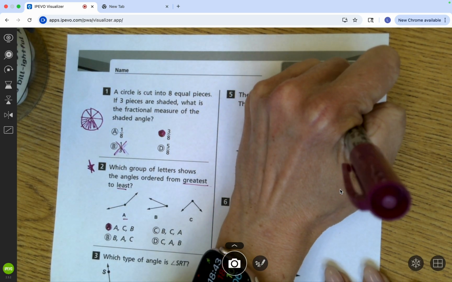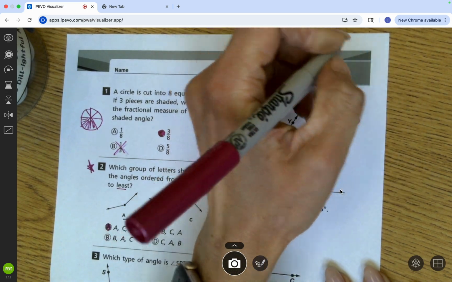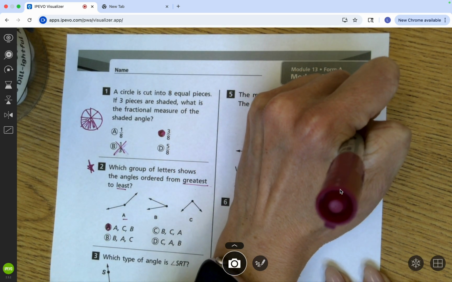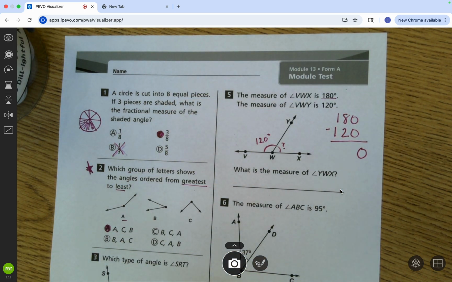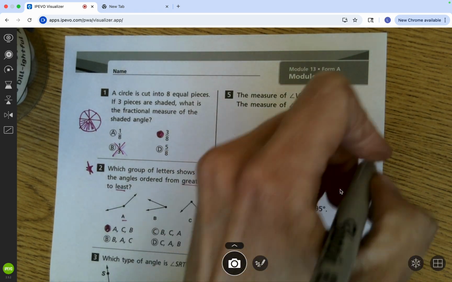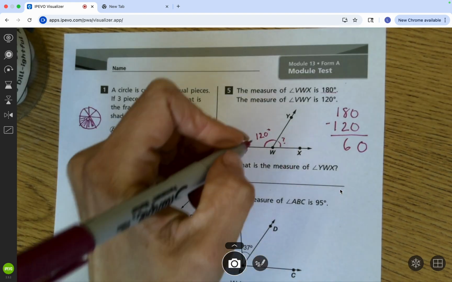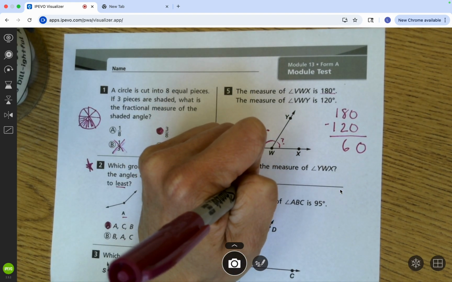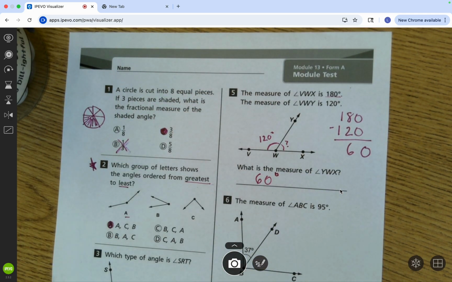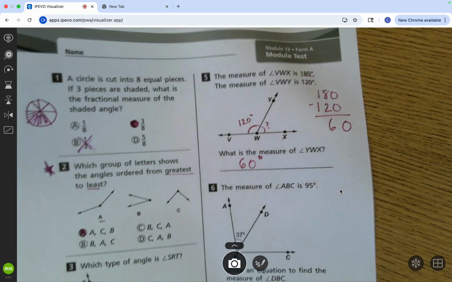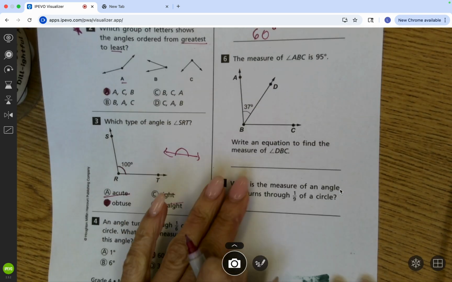So 180 minus 120. 0. I'm going to put a 2 in my head and count up. 2, 3, 4, 5, 6, 7, 8. I get 6 and 0. So what is the measure? It is 60. Do I just do 60? No, 60 what? Degrees.